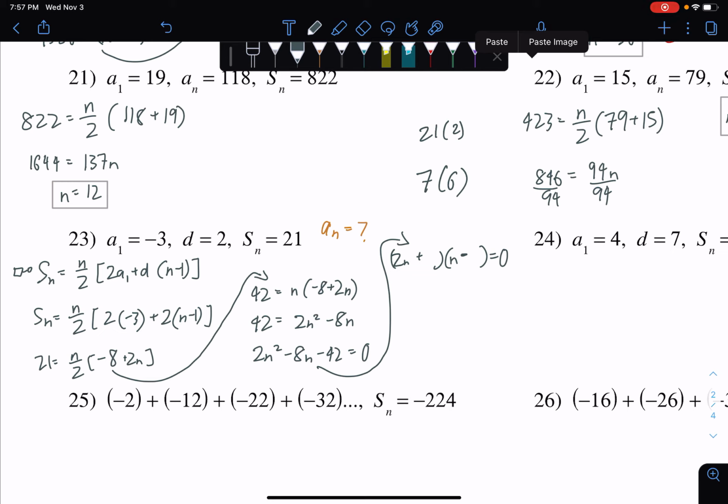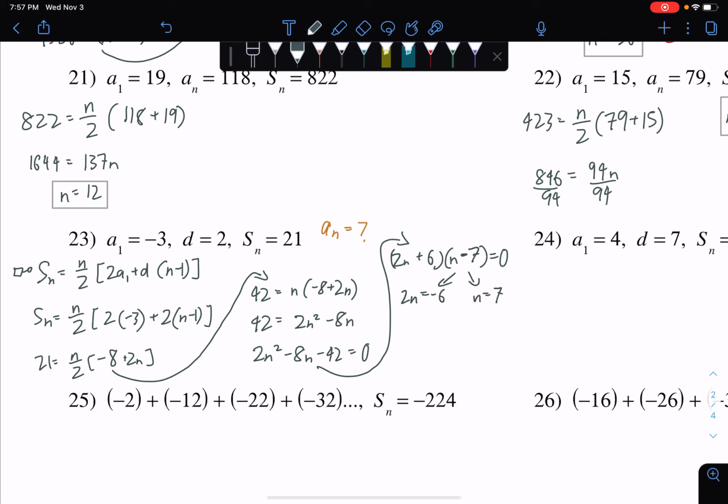Maybe if we put negative 7 here and positive 6 there, negative 14 plus 6, we get negative 8, which is exactly this number. So yes, we found the factor. Let's move on. 2n is equal to negative 6 and n is equal to 7.